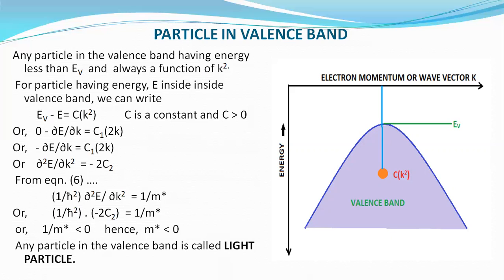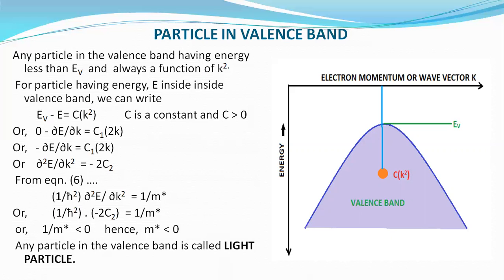So 0 minus dE/dk is equal to C' of 2k. C' is the first order derivative of C, a function of k only. So minus dE/dk is equal to C' of 2k, and d2E/dk square is equal to minus 2C2. C2 is the second order derivative of C, which is constant, not a function of k.